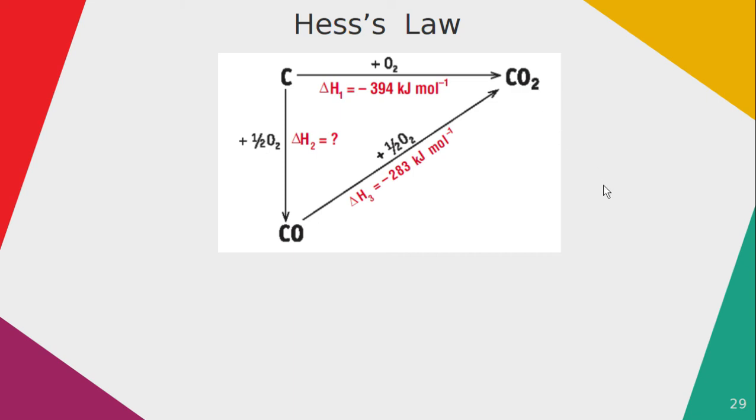The other way I could do this is by only adding in half a mole of oxygen first. And that way I'm going to take a little detour. I'm going to end up going from carbon plus the half mole of oxygen to carbon monoxide. And then I can choose to add in more oxygen, and that will convert carbon monoxide to carbon dioxide.